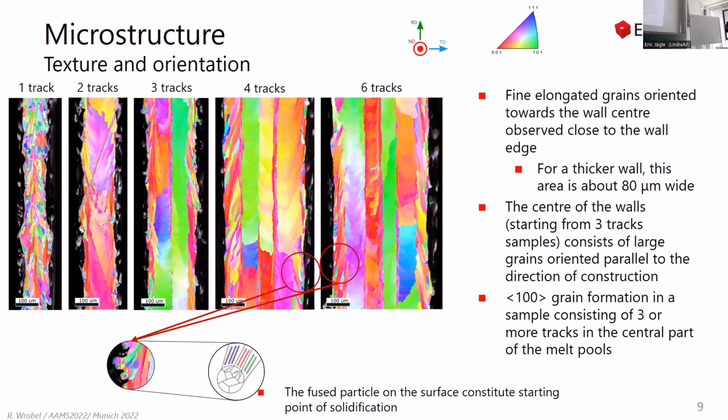And on the sides of the wall, we can also observe relatively smaller grains, which can be explained by the solidification also being oscillated on the powder that was lying near the edges of the sample. So when we have the collapse of the melt pool, we still have some powder directly lying in the vicinity of the melt pool, and we have solidification.